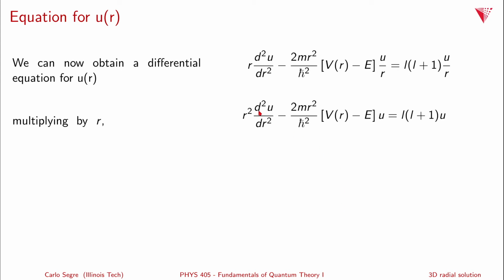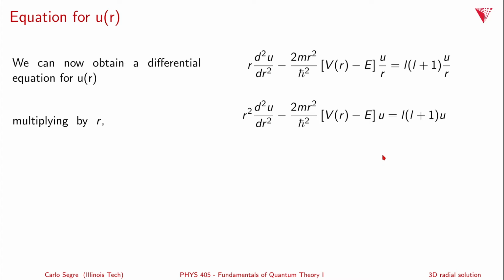And we multiply first by r. So we get r squared d squared u/dr squared minus 2mr squared over h bar squared times V of r minus E times u. We've canceled out the r in the denominator. And here we have this equal to L(L+1) times u.